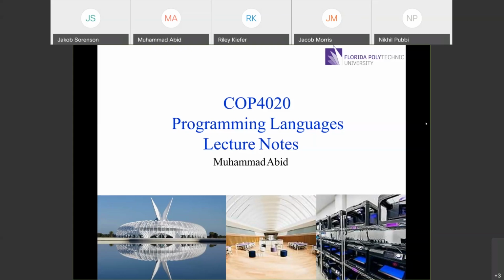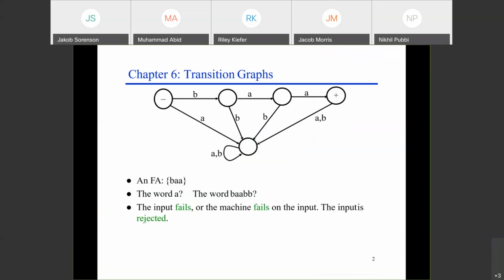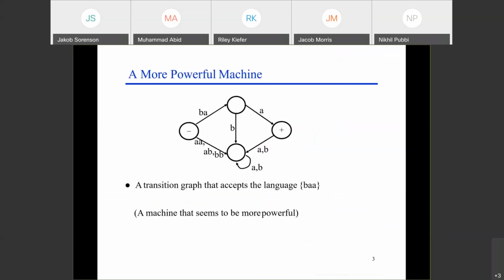Okay. So let's see. We started last time this new chapter, which is about the transition graph, and I explained that a transition graph is a more relaxed form of finite automata. We call this TG. So TG is basically used to define regular languages. Now this is the third method.